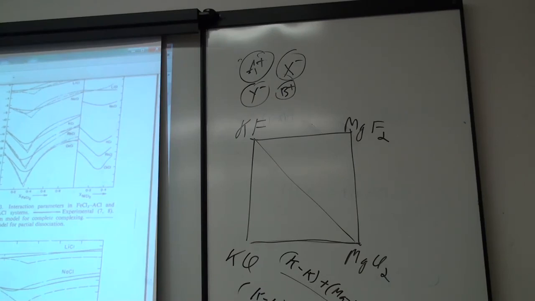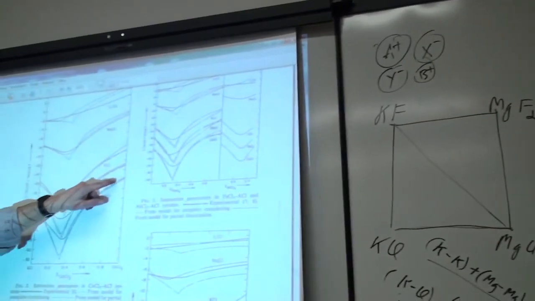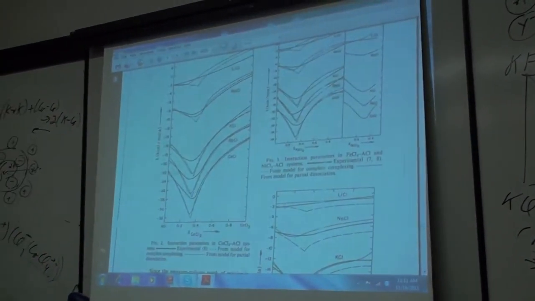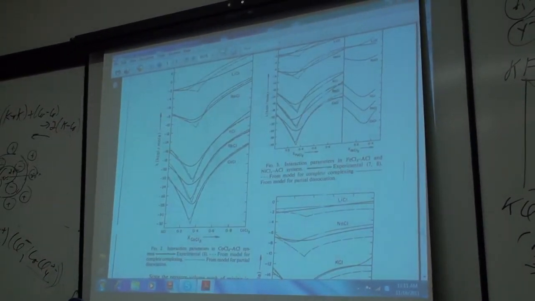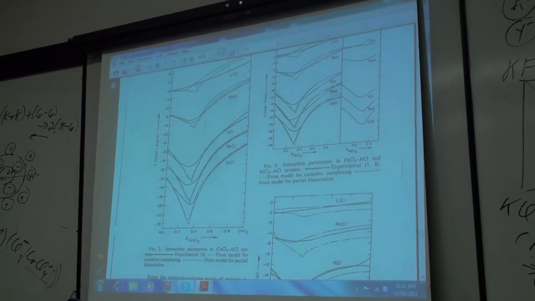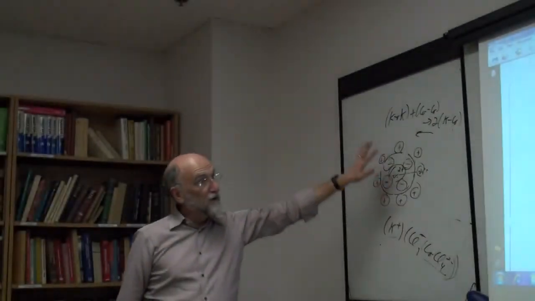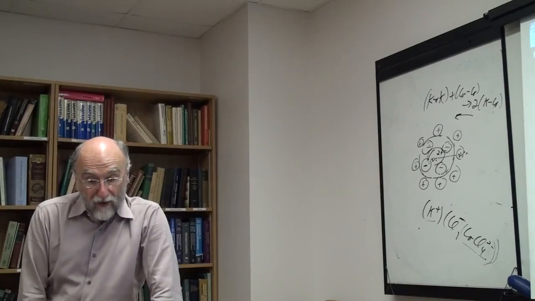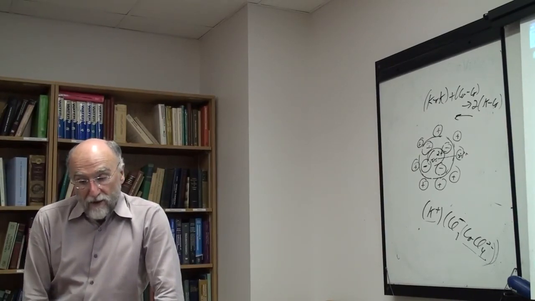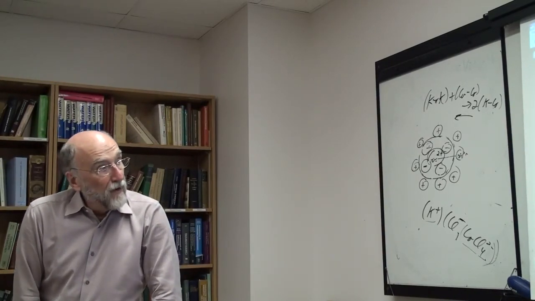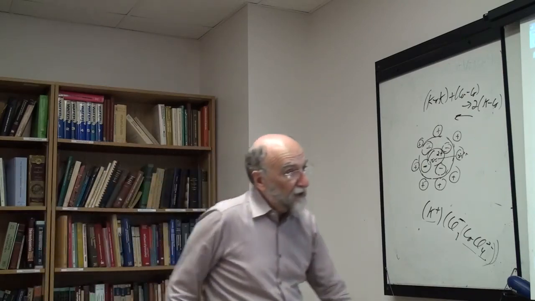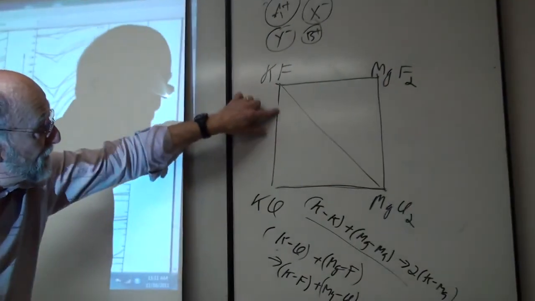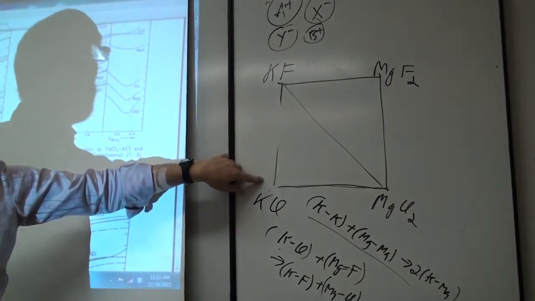And the second nearest neighbor ordering, as you can see, can be quite strong in many systems, and it can't be ignored in many of these systems. Okay, anyway, that aside, this is the way we treat these binary systems using the modified quasi-chemical model with ordering on the cation sublattice. Ordering on the anion sublattice is seldom, if ever, necessary. If you go between KF and KCl, it's almost a random mixture.